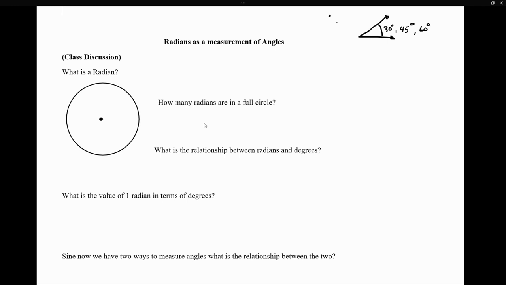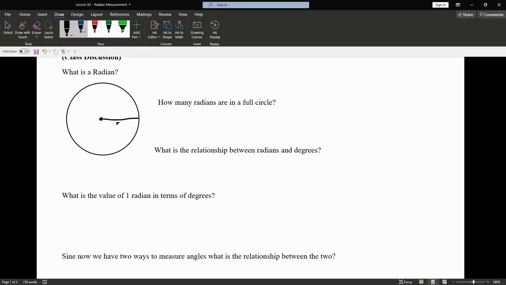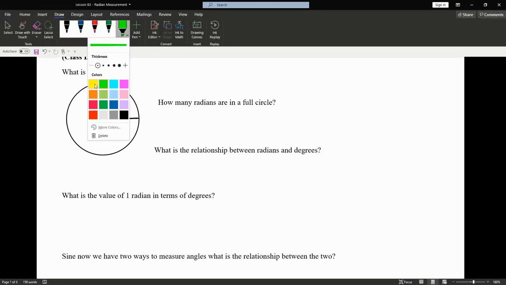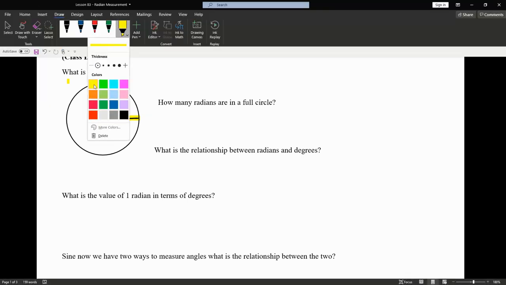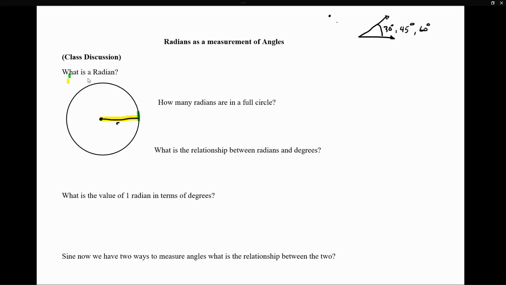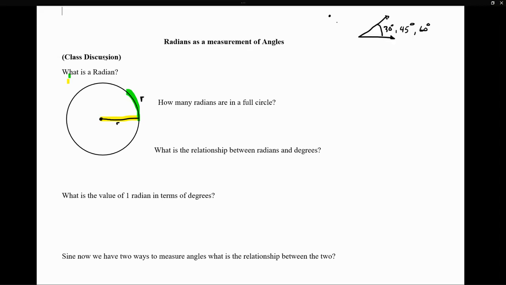And in this circle, if we were to measure that radius, whatever the measurement of that is, and we find some kind of an arc that still has the same measurement as that radius, so let's assume that this radius is 5 centimeters.